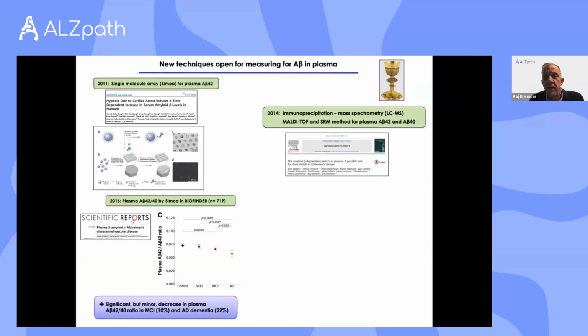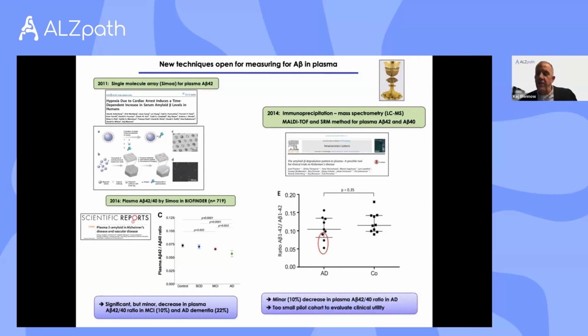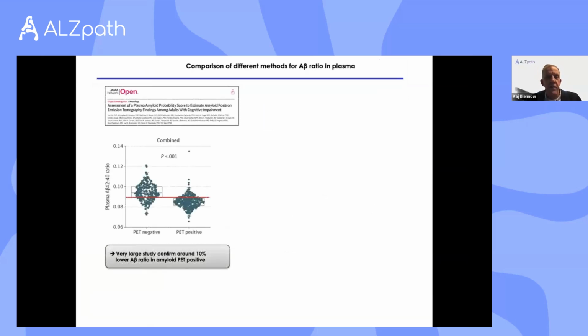This is from 2014, and it's a paper from our group publishing assays for MALDI-TOF and SRM methods for plasma A-beta-42/40 ratio. At that time we only did a small study, and you could see maybe this trend for a drop. It's not much, but there is a trend, and this has been verified quite a number of times later on in much larger studies.